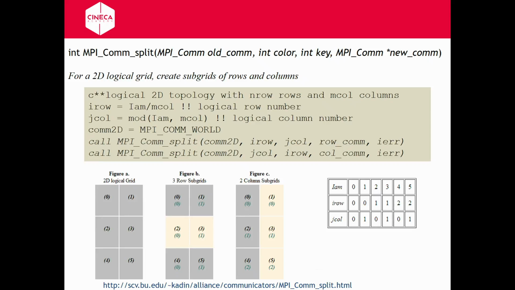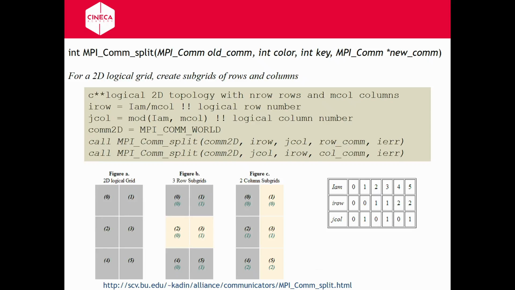For example, we can imagine that we want to create a 2D topology inside the group that we have. We can start with MPI_COMM_WORLD, using MPI_Comm_split.